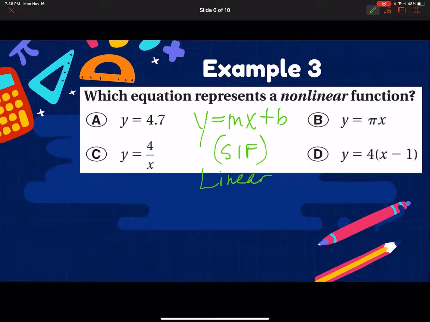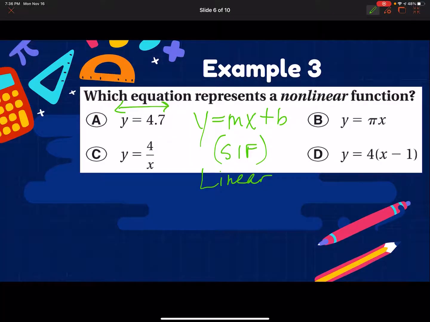Let's look at A. y equals 4 7/10. So when we're graphing a linear function and we have an equation like y equals 4 7/10, if you will recall, that is a horizontal line. So it is technically linear. So A is okay.